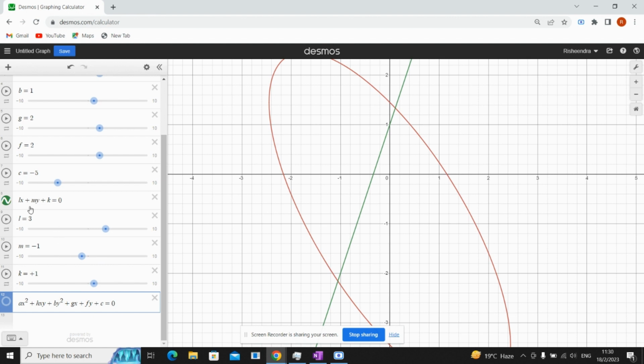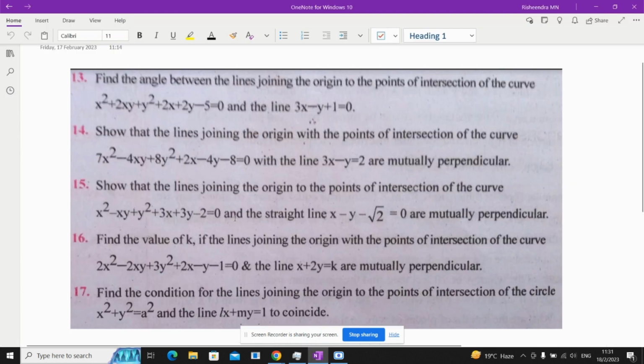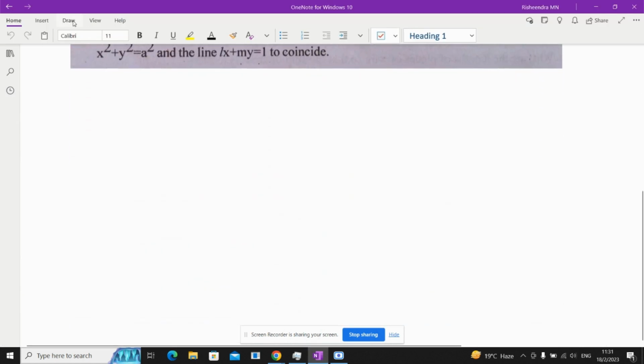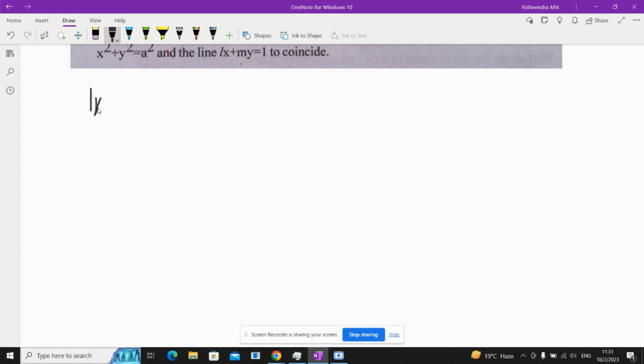Let's play with this. I have an idea about how we do it. There is a line, lx plus my plus k is equal to 0.